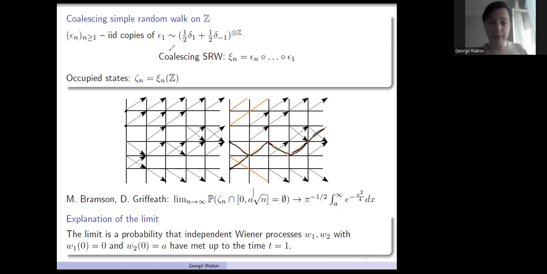Again, Bramson and Griffeath computed the limiting probability that in a large segment there will be no points from these simple random walks, and they obtained the limit as follows. And this limit has a very intuitive explanation in terms of the Arratia flow.